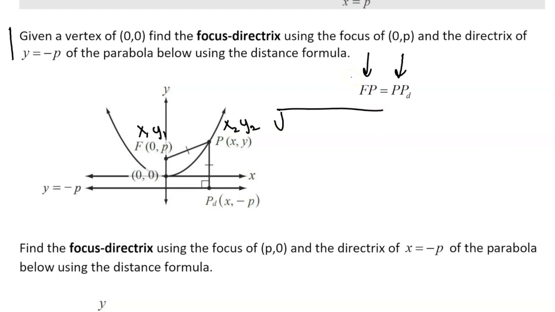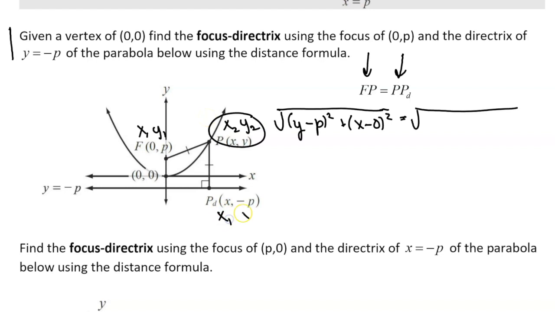We would have y2 minus y1, so you would have (y - p) squared plus (x - 0) squared, all square rooted. And we would compare that with, on the right side here, our same P point that we can call x2, y2 as well.